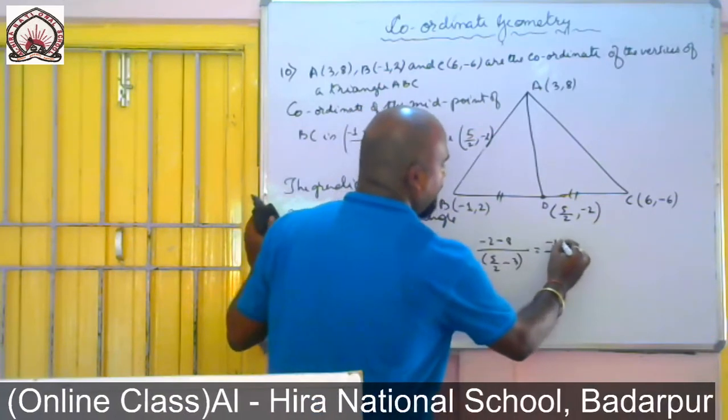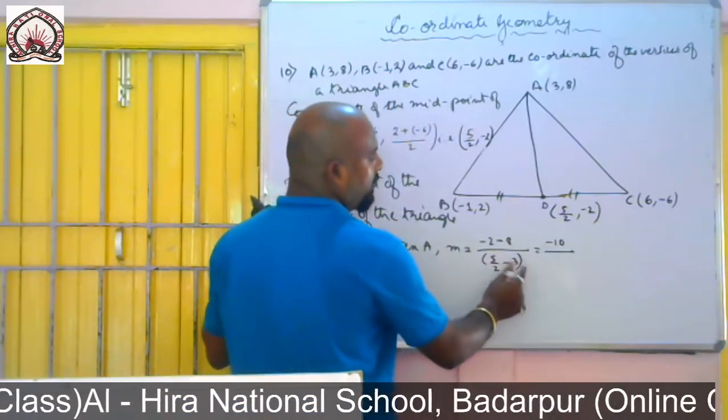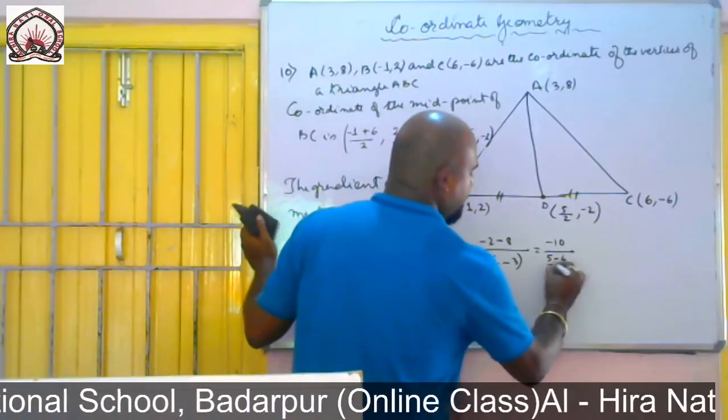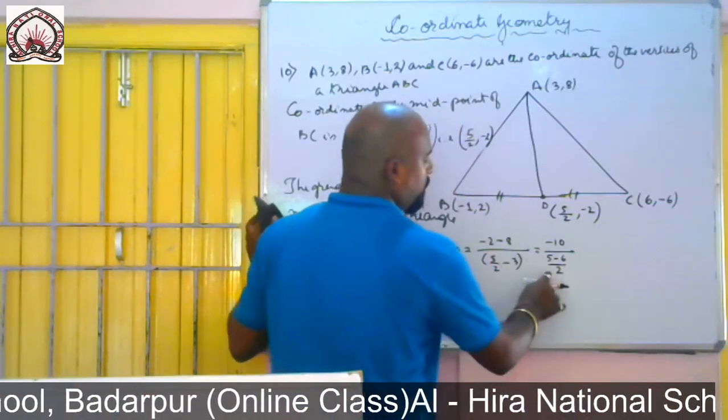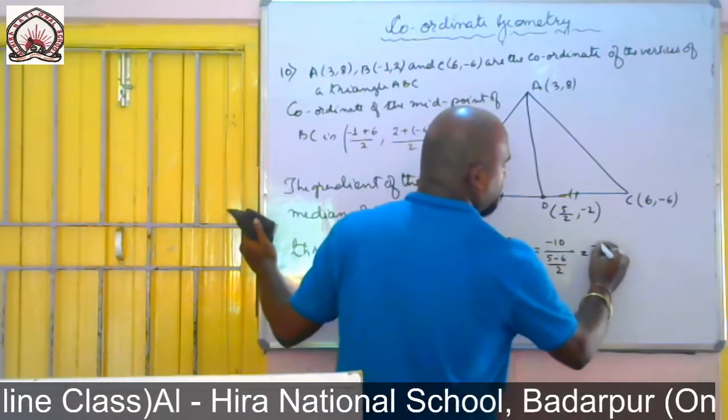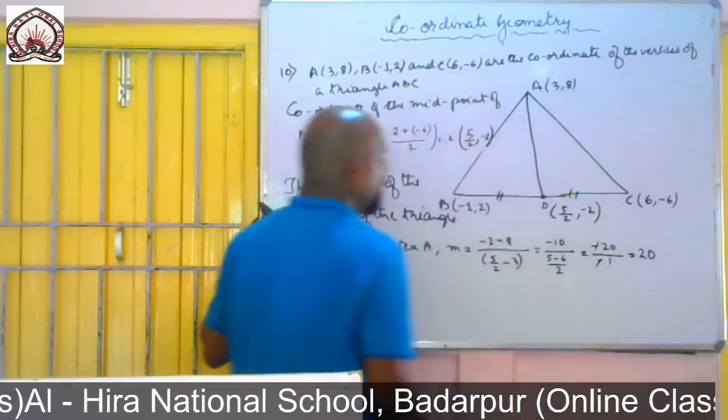This is equal to minus 10 over 5 by 2 minus 6 by 2, that is minus 1 by 2. So minus 10 times 2 gives minus 20, and minus cancels with minus, so we are getting 20.